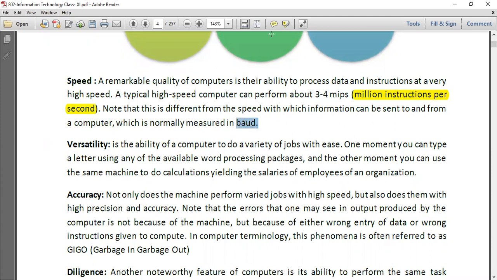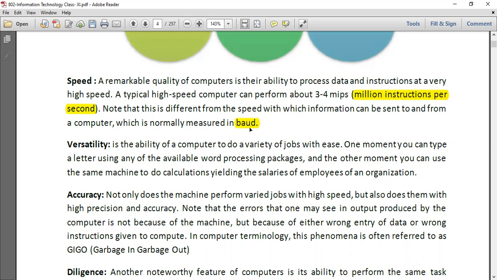Another important unit for measuring the speed is also baud. Right? A different form of speed with which information can be sent to and from a computer, right? एक तो MIPS है, millions of instructions per second, or BIPS is also there, billions of instructions per second.